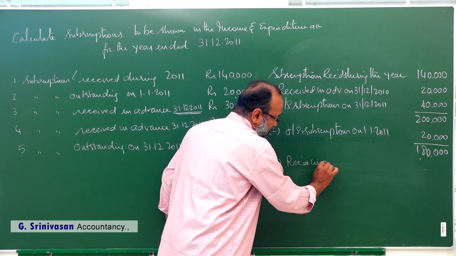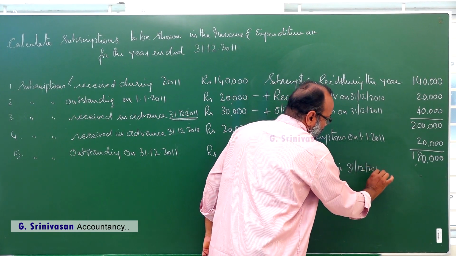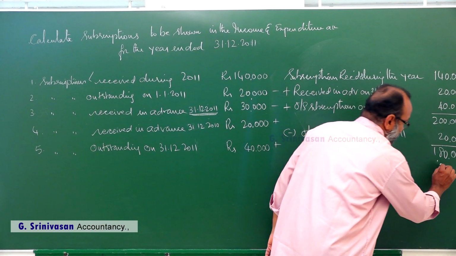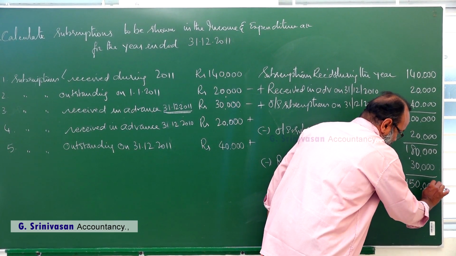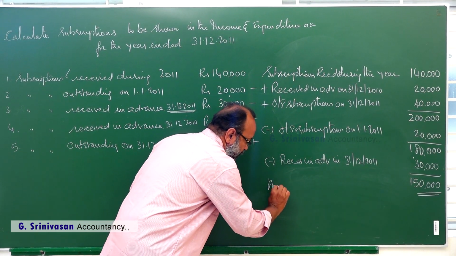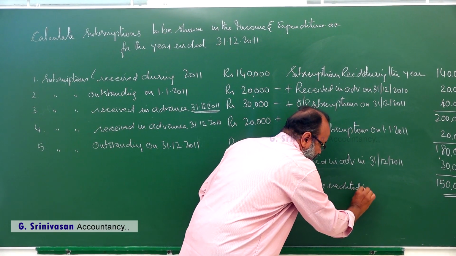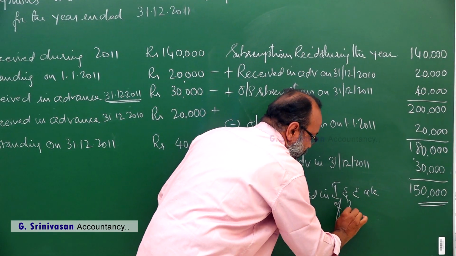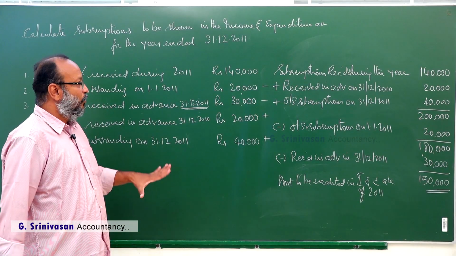Received in advance 31/12/2011. The amount is 30,000. You deduct that one, 1,50,000 we get, and this is the amount to be credited in income and expenditure account of 2011. That will be 1,50,000. Right.